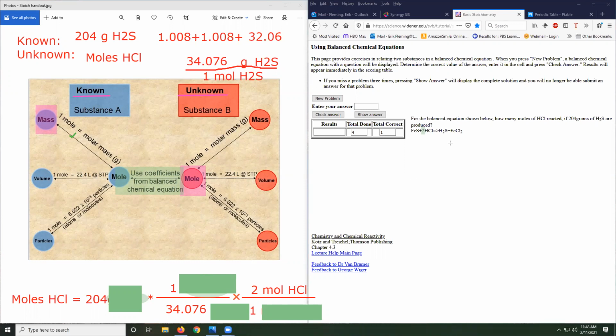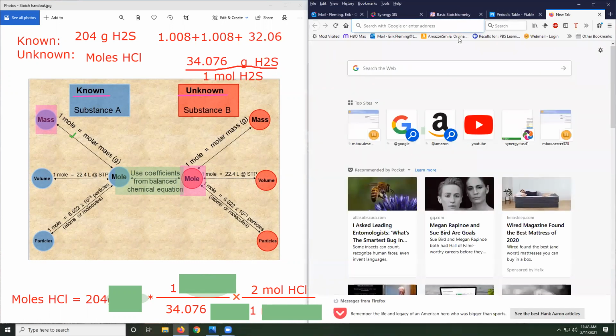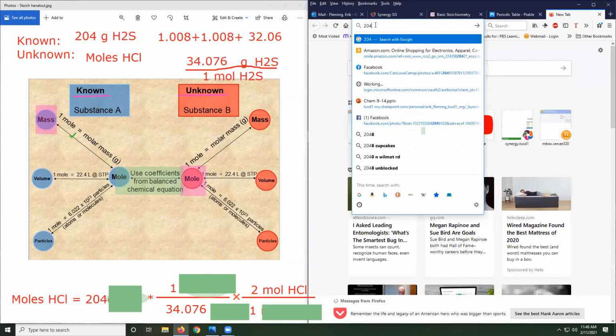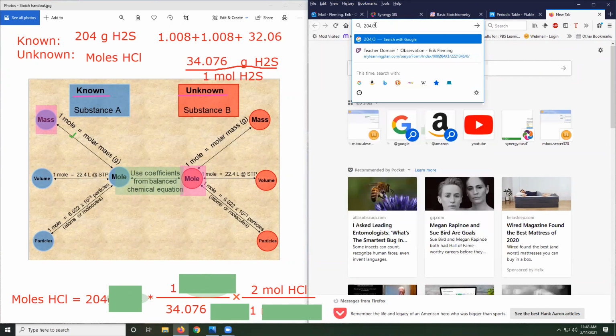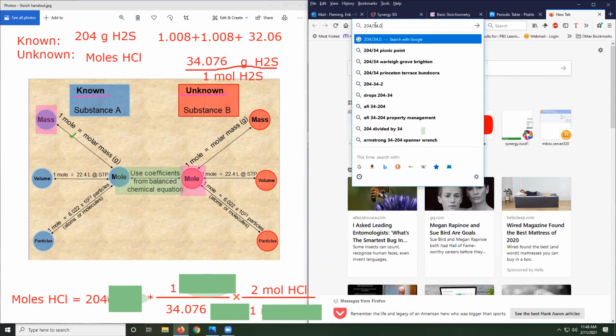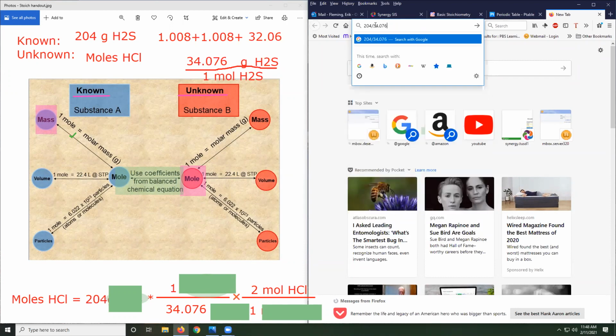204 divided by 34 times 2. You know what I'm going to do with that? I'm totally going to do it like this: 204 divided by 34.076 times 2.